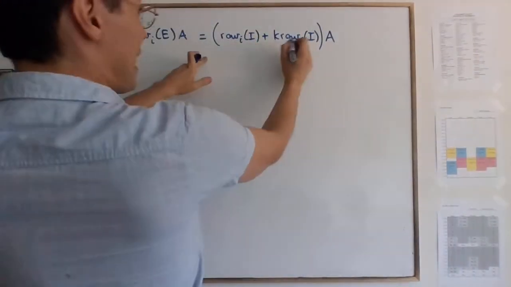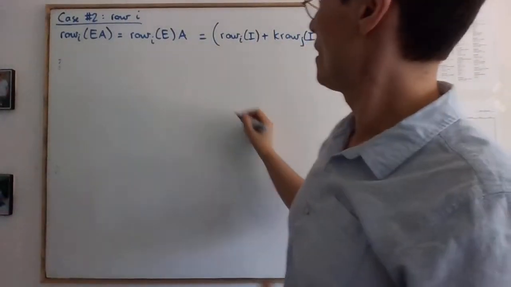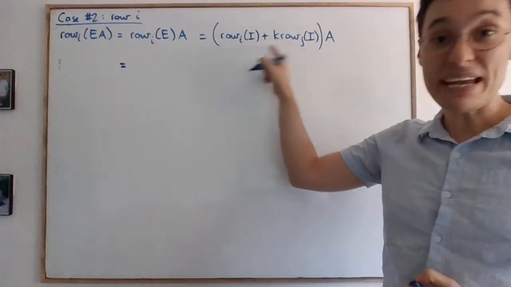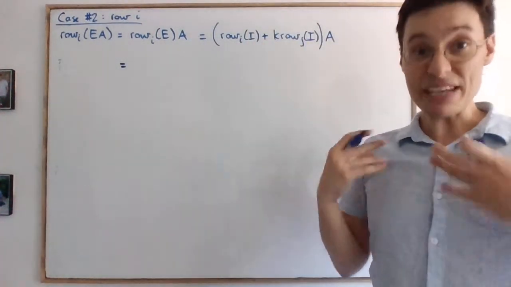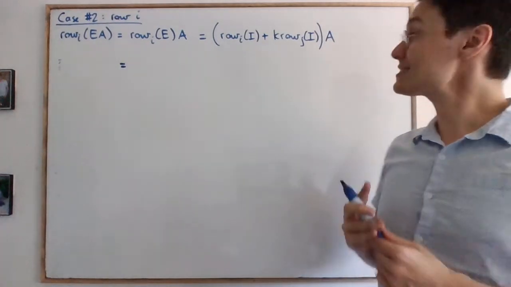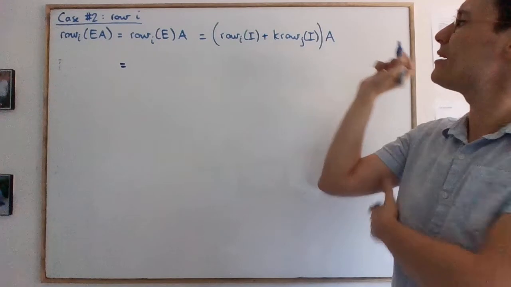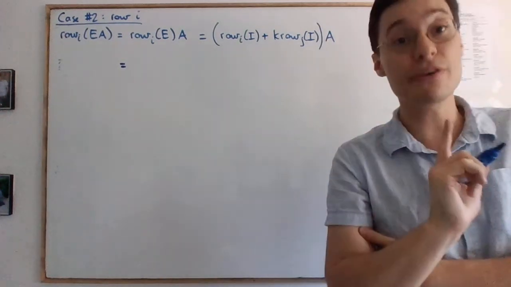So now that we have this, the idea is that these are matrices, and matrix multiplication is, if I'm not mistaken, right distributive. There you go.